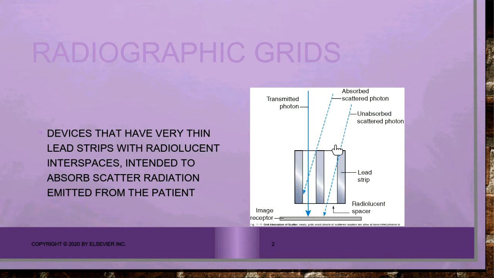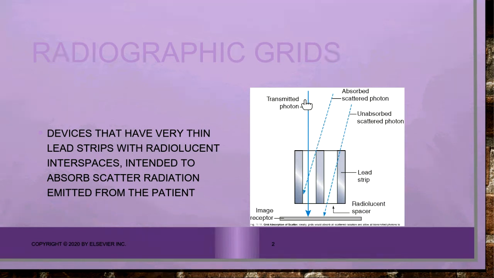When scatter is created in the patient, ideally this scattered photon comes at an angle and gets absorbed in the lead strip. But realize that depending on the grid ratio, which we'll talk about later, some scattered photons can still make it through and strike the image receptor. So a grid will not eliminate all scatter from striking your IR, but it does help eliminate some of the scatter from reaching the image receptor.